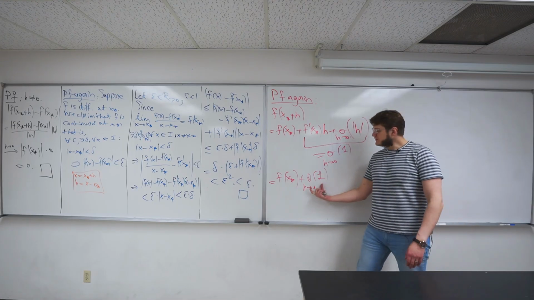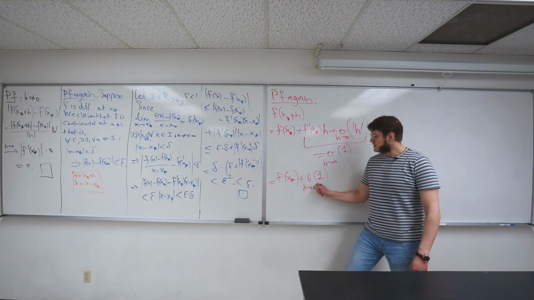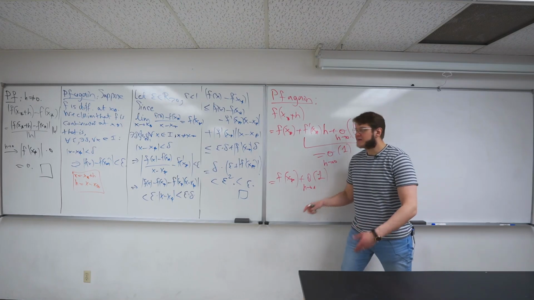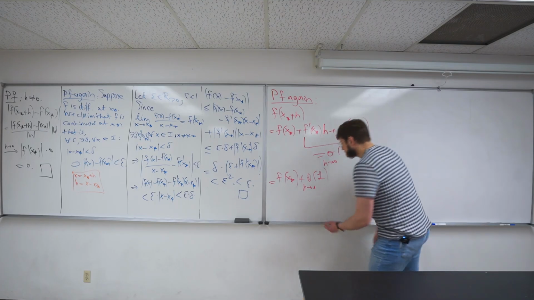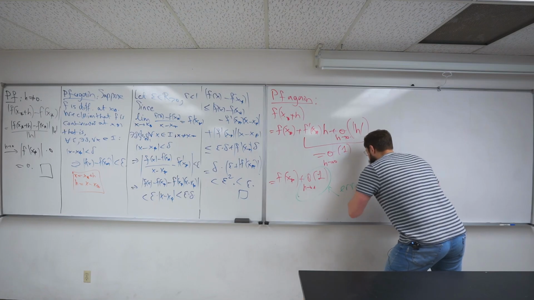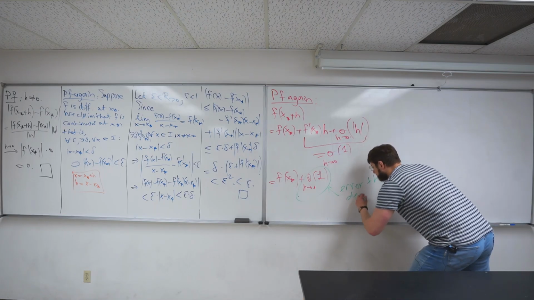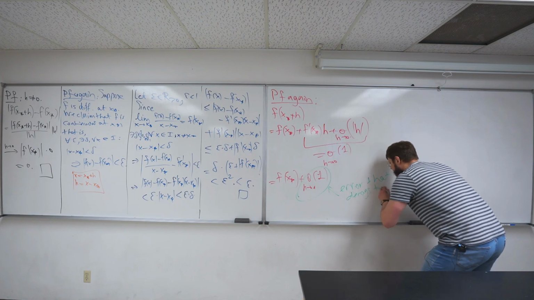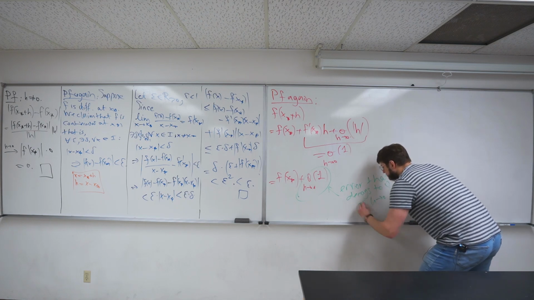In other words, this is your error that decays faster than 1 does. 1 doesn't decay, so all you're saying is that this is some error that decays to 0 as h goes to 0.